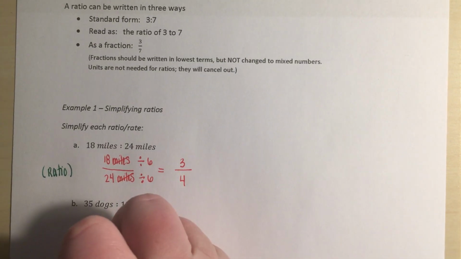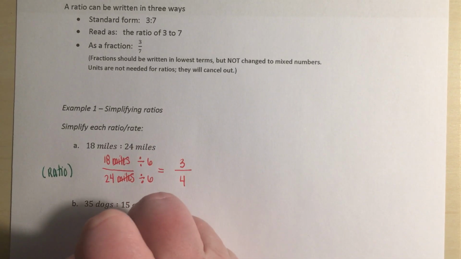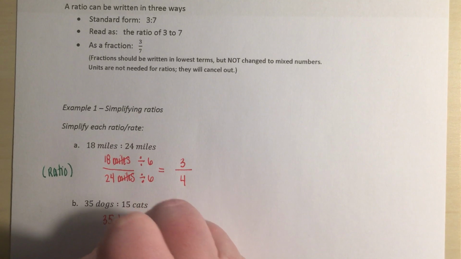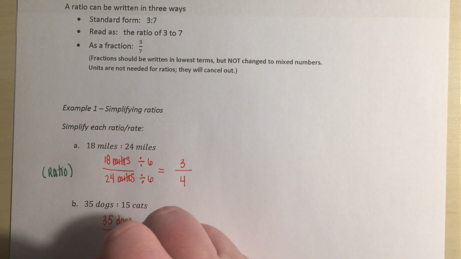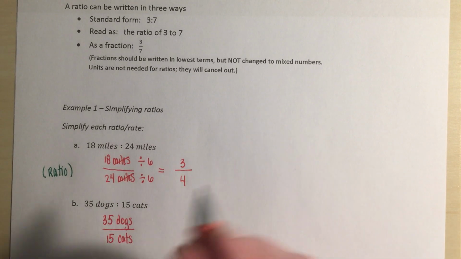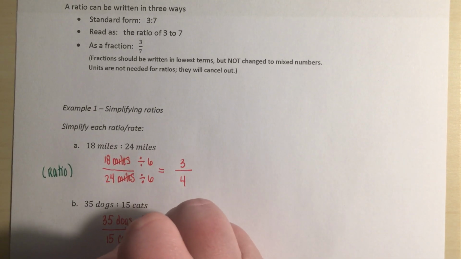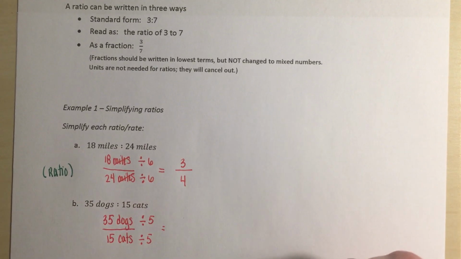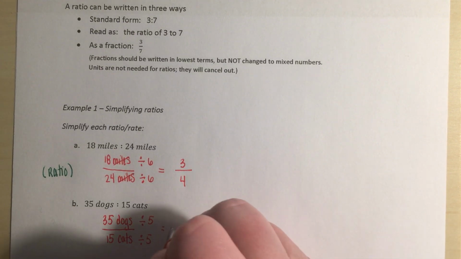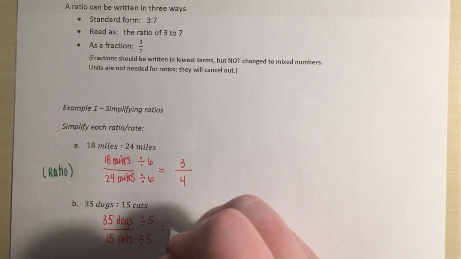If we look at our next example, right? 35 dogs to 15 cats. Both our numerator and denominator are divisible by 5. So we're going to divide both of these by 5. Okay. Notice that here we have different labels, so we're going to keep our labels. Right? We're going to keep these units of measurement.